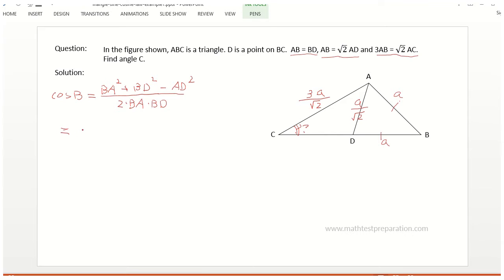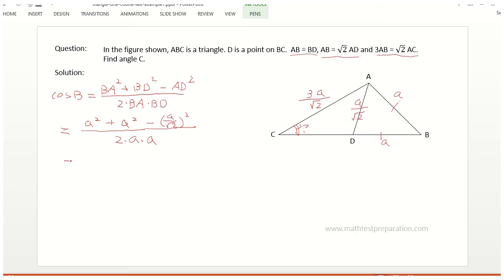This equals BA is A square plus BD is A square, subtract AD square. AD is A divided by square root 2, so here is A divided by square root 2 square, divided by 2 times BA is A times BD is A.